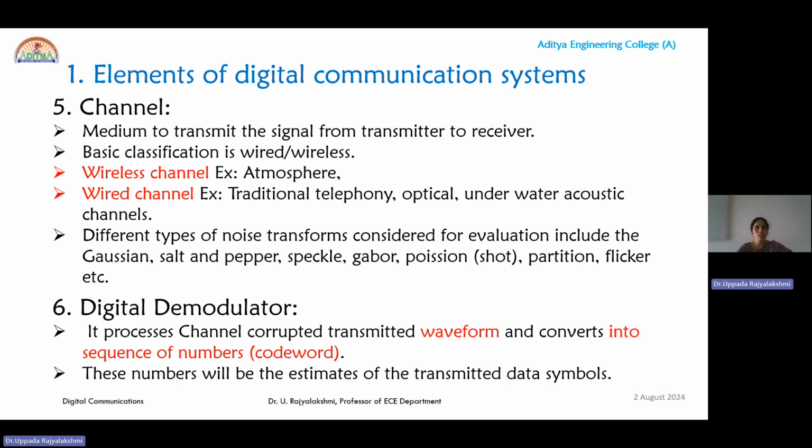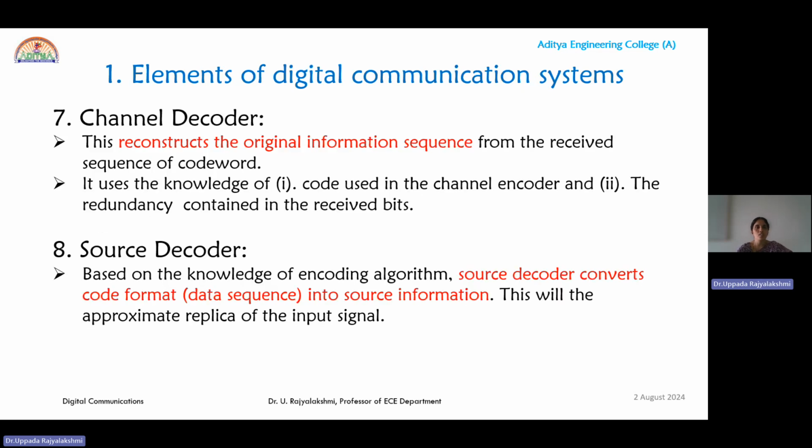The group of code words is again converted into the original binary stream with the help of the channel decoder. The channel decoder has opposite functionality to the channel encoder, and to attain an accurate binary stream, the channel decoder should have an idea of the type of code used in the channel encoder and the redundancy contents in the received bits.